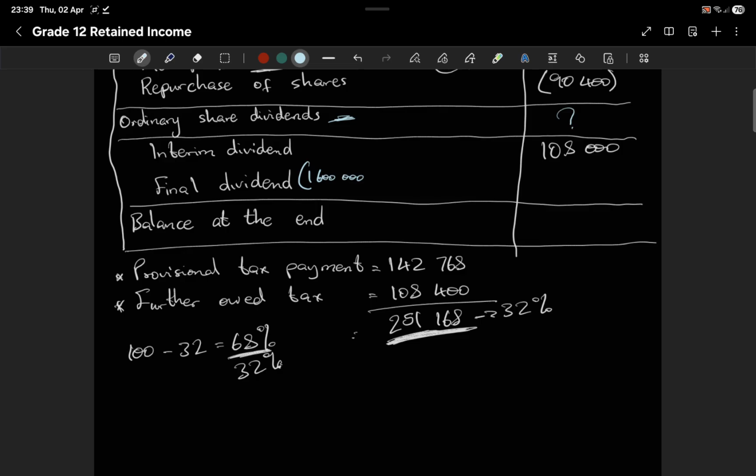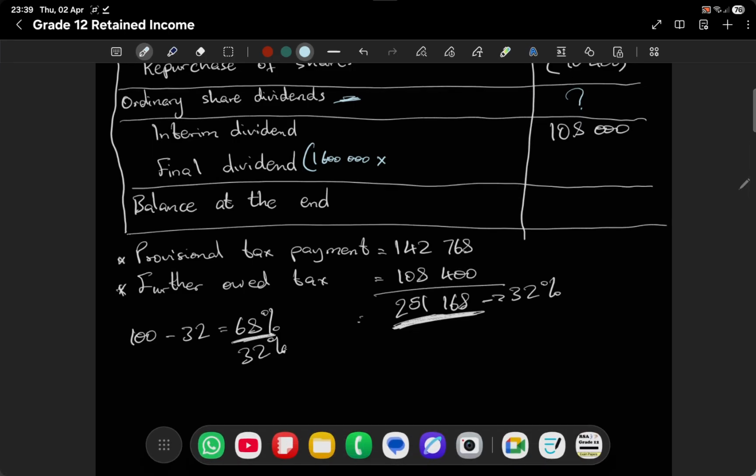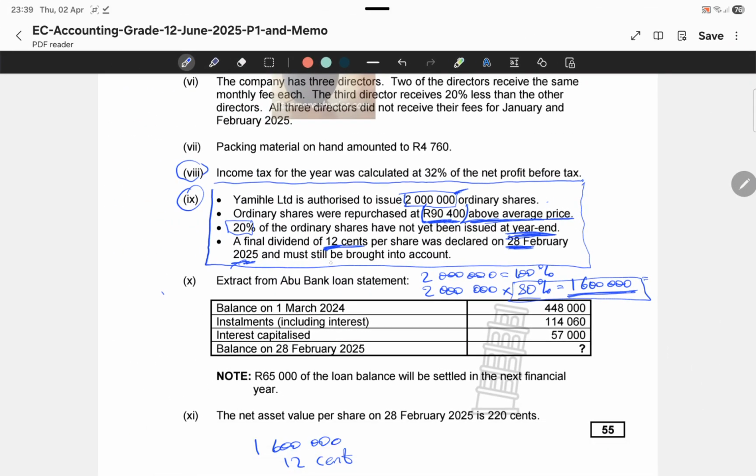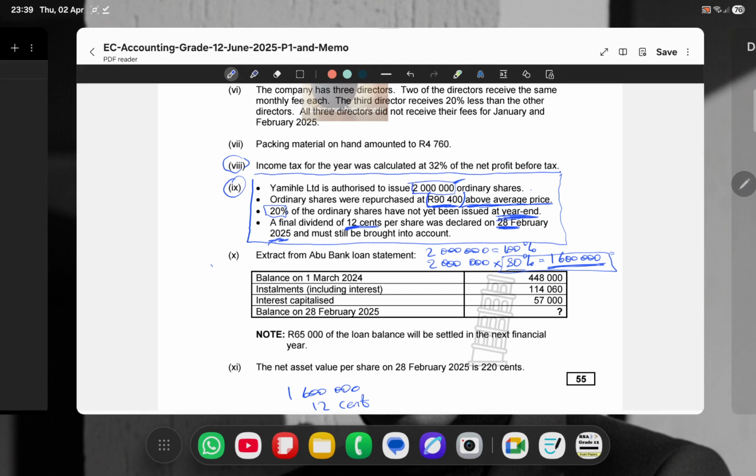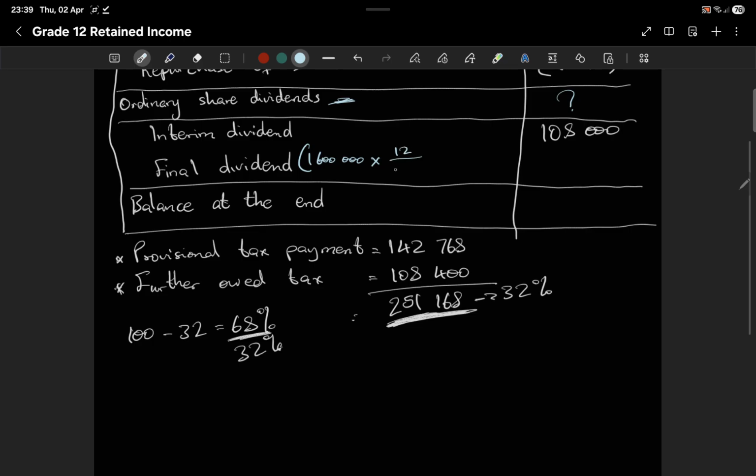Okay, then you multiply by, let me check the information again. They said the final dividends per share was declared 12 cents per share. Okay, per share, which means one share earns 12 cents. So you're going to say 12 over 100, because 100 cents makes 1 rand.